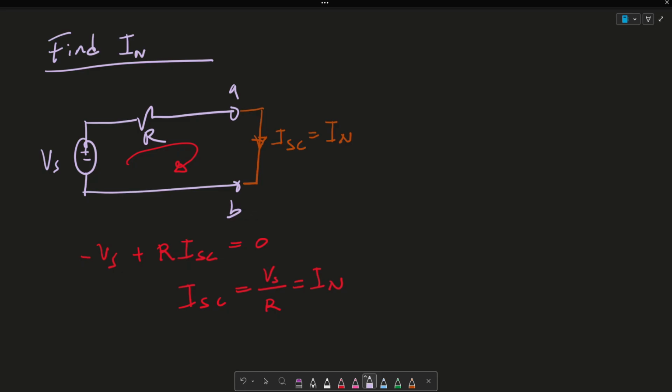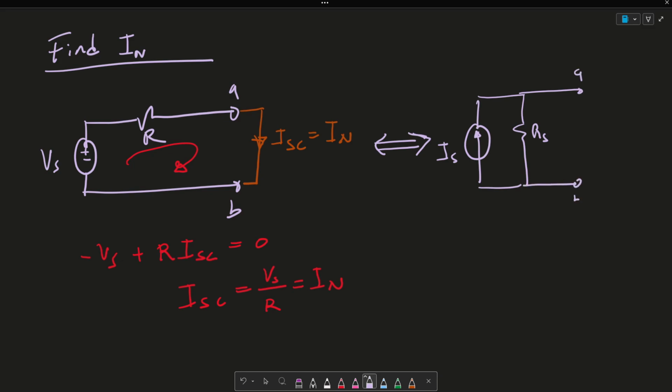Next, we want to map this for equivalency to a circuit with IS in parallel with RS. This is A, this is B. We're going to do the same thing: we're going to short it. This is called I short circuit, or again, we can call this I Norton. And we notice that my current IS is not going to go through this resistor R, because it wants to go through the path of least resistance, so it's going to go through here.